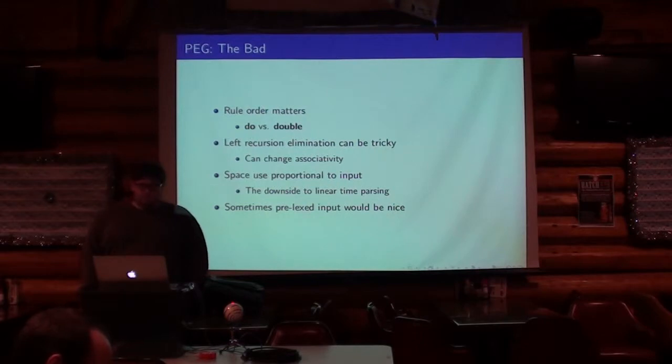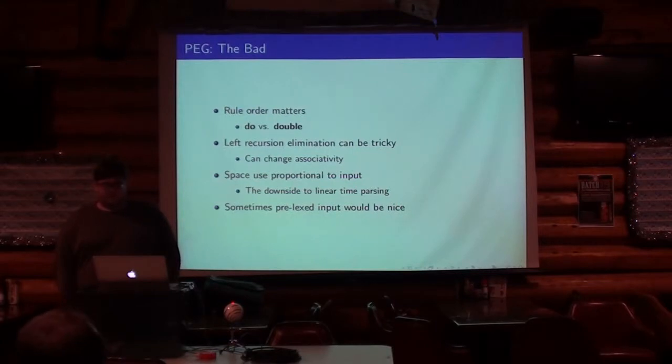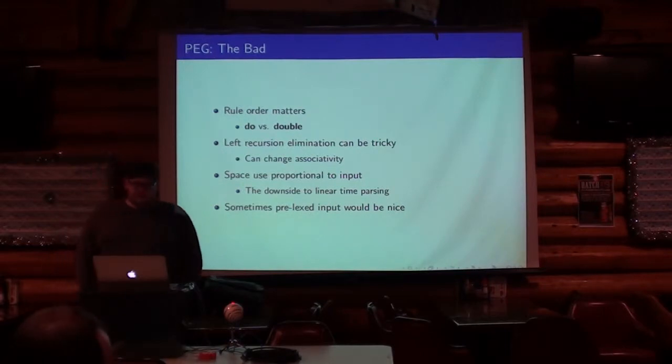Space use is proportional to the input, which I guess, when top-down parsing was first being talked about, was a bigger problem than it is now, because now we've got really fast processors and lots of RAM and hard drive space. So it's not such a big deal to take up a lot of space in exchange for linear parse times. And I can realize that sometimes relaxed input would be nice, because then I don't have to worry about all these keywords.